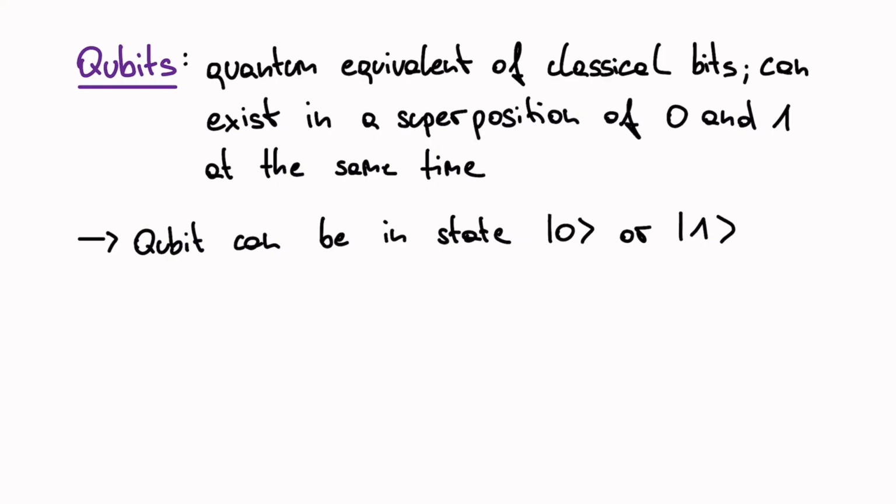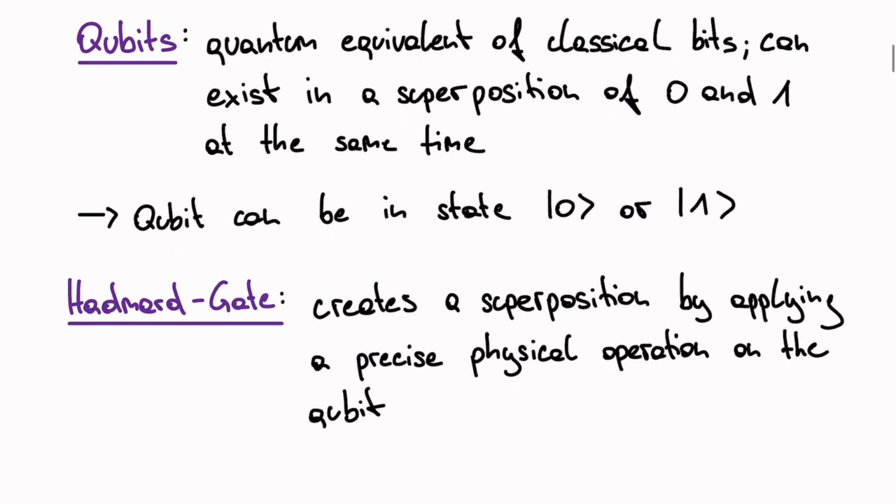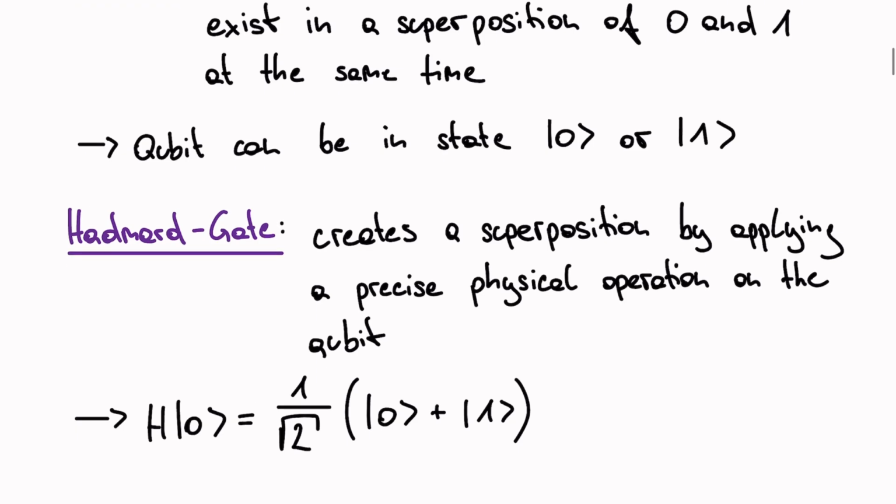Now let's talk about the Hadamard gate. The Hadamard gate is the tool that creates superposition. So it doesn't matter how it's implemented in hardware. What's important is what it does to our qubit. When we apply the Hadamard gate to a qubit, it puts it into a superposition. Let's assume our qubit is initially in state 0, which is usually the case.